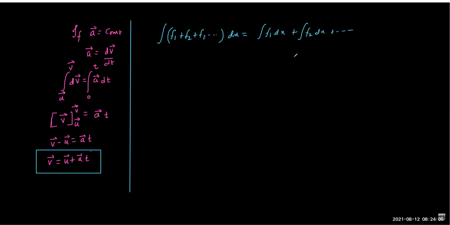Now this property of integration allows this integration to be valid. Why? Because when you write a vector, what you do not realize, as I discussed in the last class also, is that you actually write multiple variables.